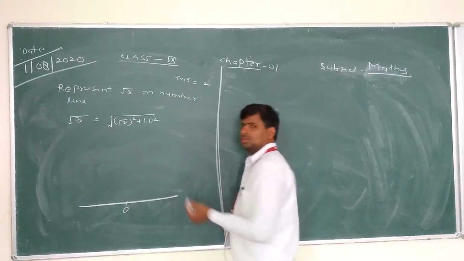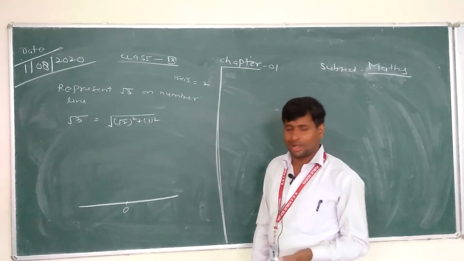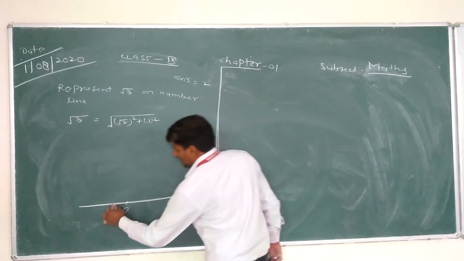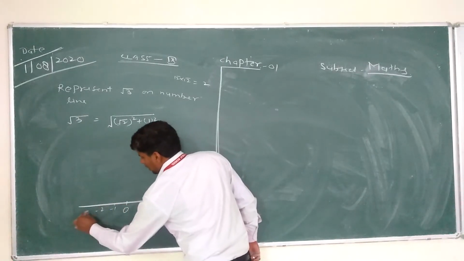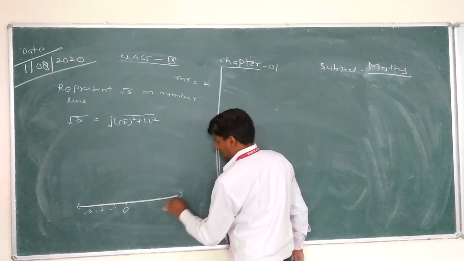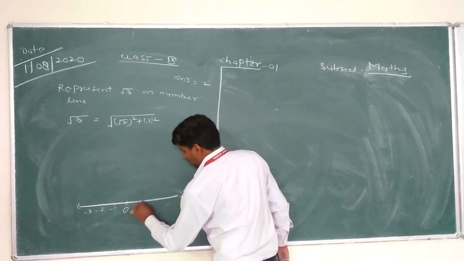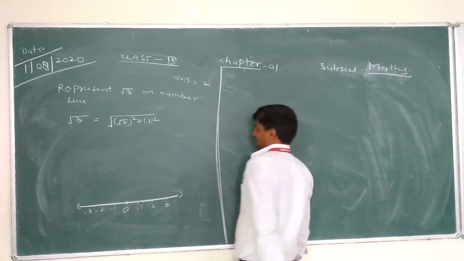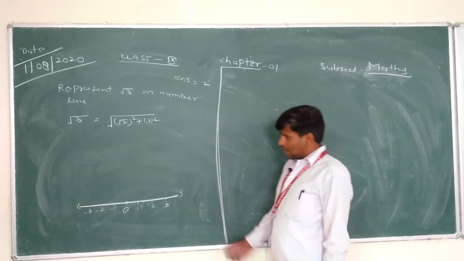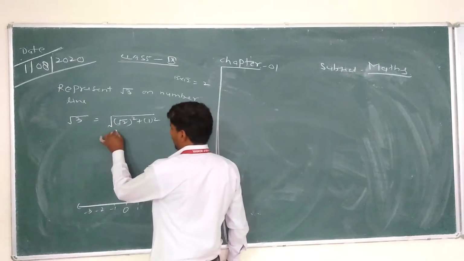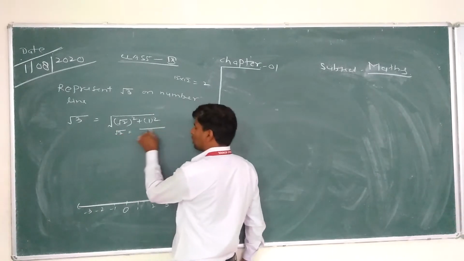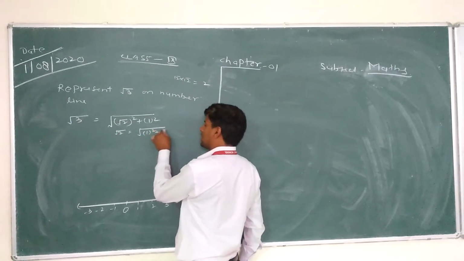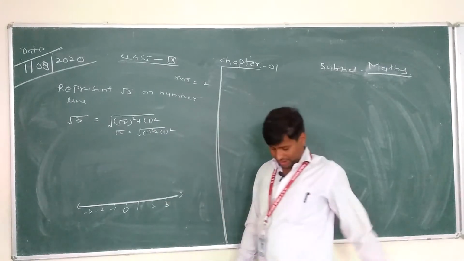Take 1 centimeter equal to 1, on the left hand side negative numbers, on the right hand side positive numbers, that is 1, 2, 3, etc. Then first we need root of 2. You know that it is 1 square plus 1 square.